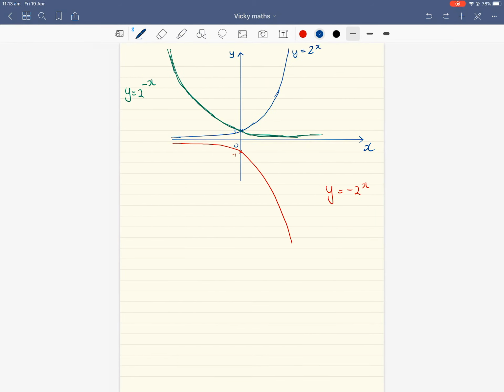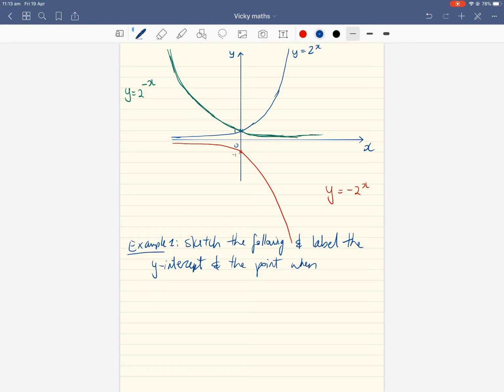So let's do a few examples. Example 1. Let's sketch the following and label the y-intercept and the point when x equals 1.